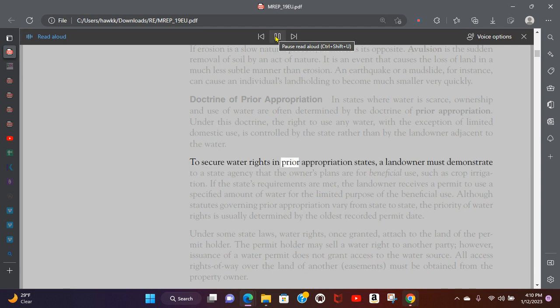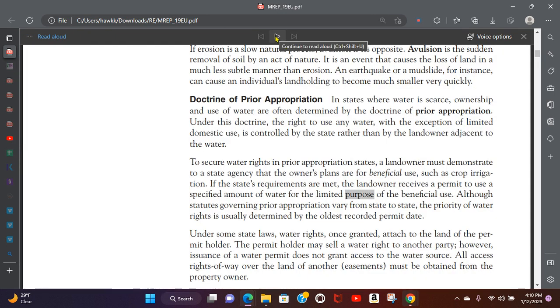To secure water rights in prior appropriation states, a landowner must demonstrate to a state agency that the owner's plans are for beneficial use, such as crop irrigation. If the state's requirements are met, the landowner receives a permit to use a specified amount of water for the limited purpose. That permit is permission.